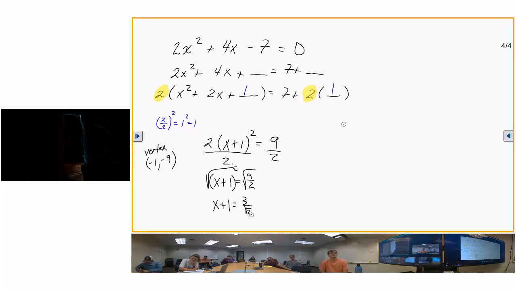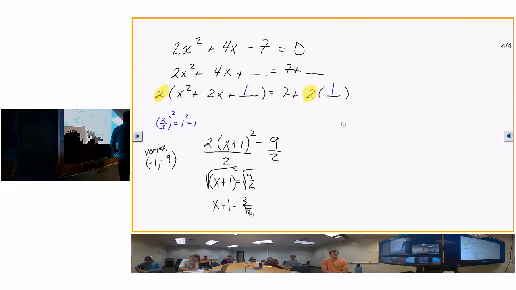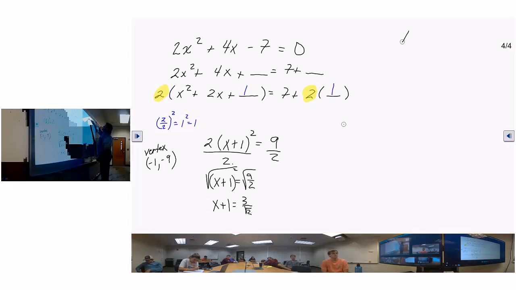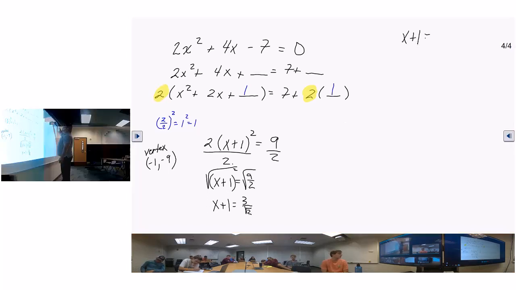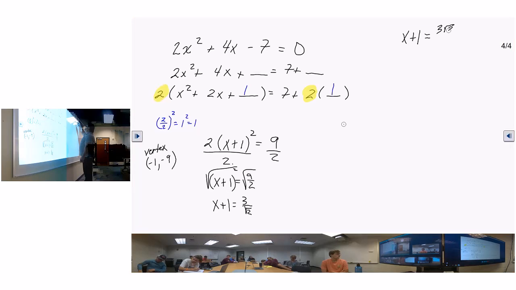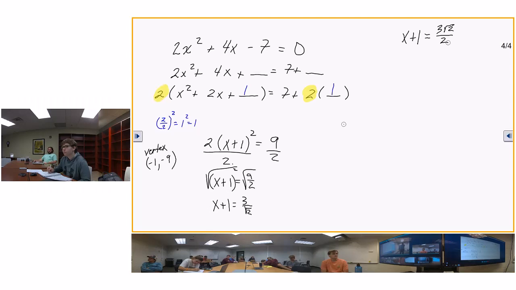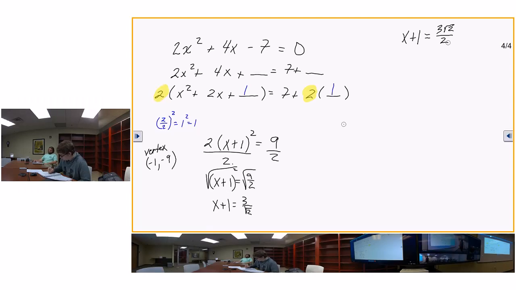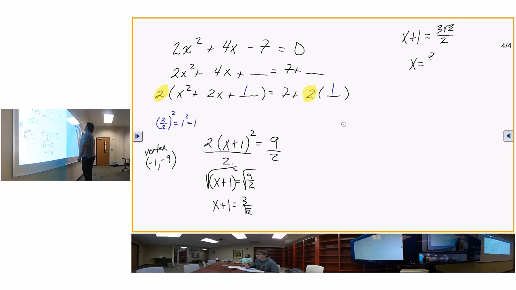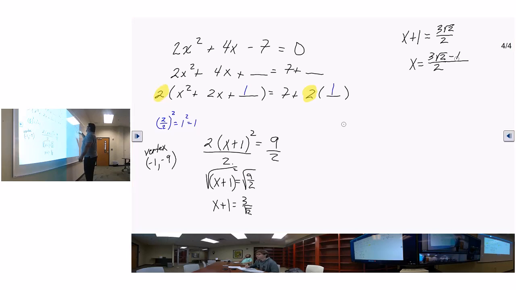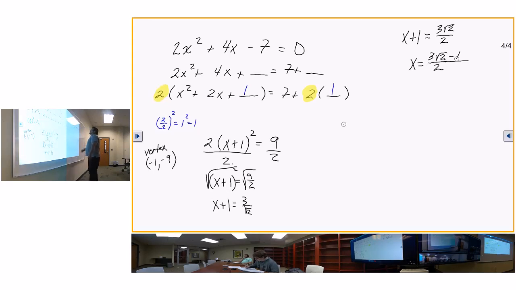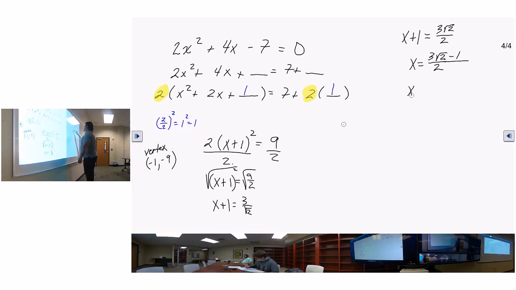I'm going to rationalize the denominator. So x plus 1 is equal to 3 times the square root of 2 over 2. And that's going to give me x is equal to 3 square root of 2 minus 1 over 2, which is going to give me x is equal to positive or negative.